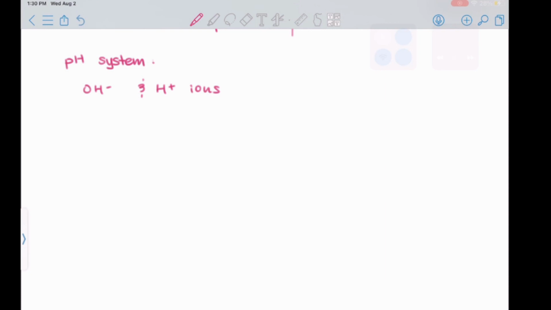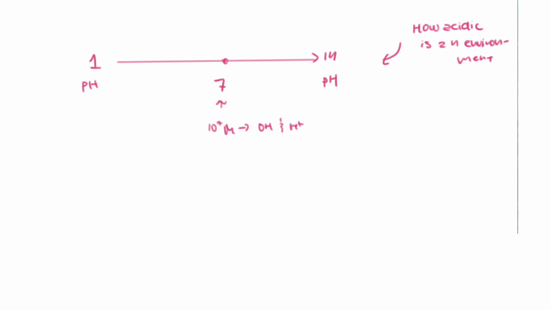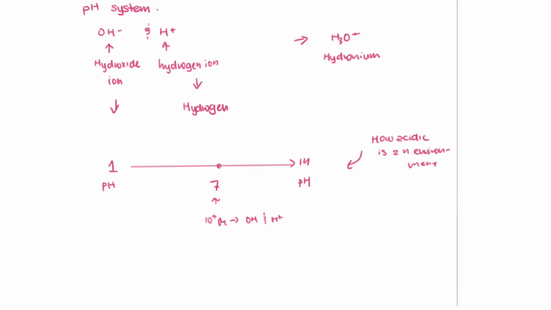Because of these changes in water, it leads to a pH system and changes in pH. The pH system is typically denoted as pH level 1 to pH level 14, in which at equilibrium we have a pH of 7 in the middle. What that means is that during equilibrium, the concentration of H plus and OH minus is 10 to the negative 7 M, at 25 degrees Celsius.